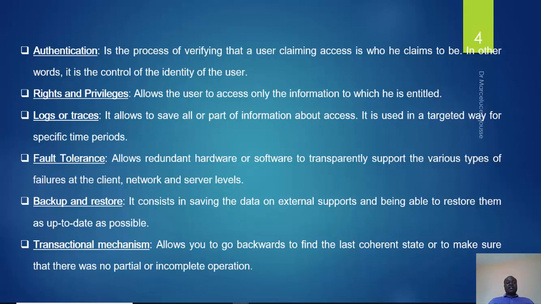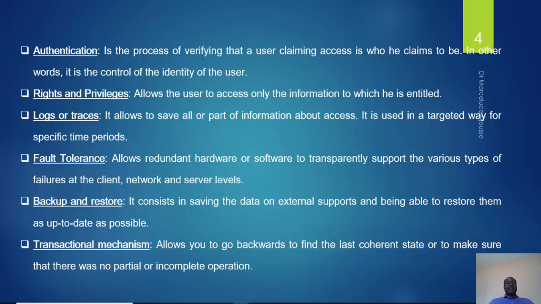The rights and privileges allow the user to access only the information to which he is entitled. The log and trace allows saving all or part of the information about access. It is used in a targeted way for a specific time period.